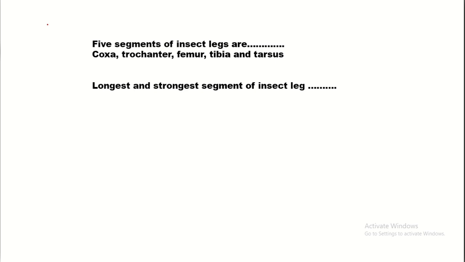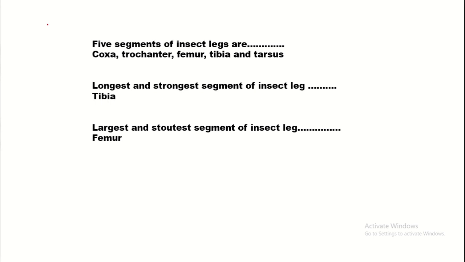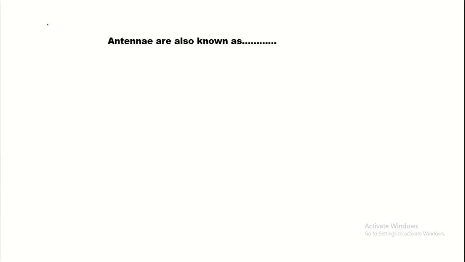Longest and strongest segment of insect leg is tibia. Longest and stoutest segment of insect leg is femur. Smallest segment of insect leg is trochanter.